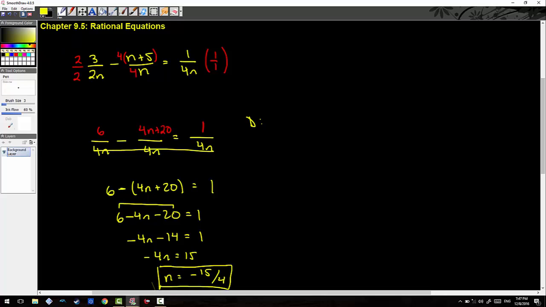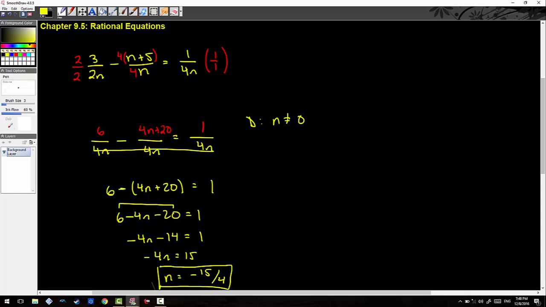There's one thing that n cannot be, and that's that n cannot equal 0. If I let n become 0, I've got 4 times 0, 0, and 2 times 0, and if I have a 0 in the denominator, I have something that's undefined. I will prove to you guys why something divided by 0 is undefined, but not right now. For now, please just take me on faith that something divided by 0 is undefined. I will show you a proof of that later.